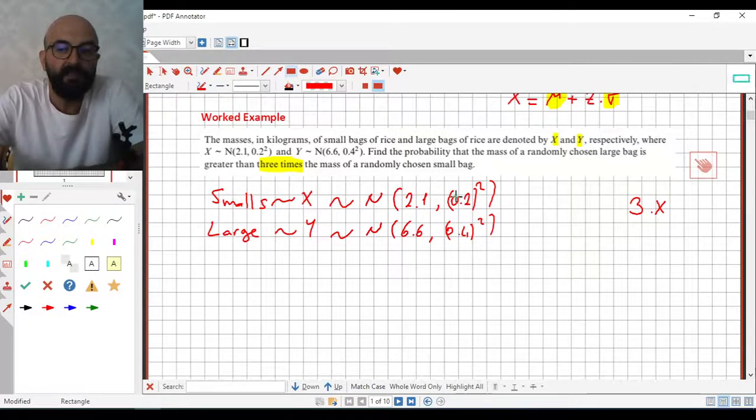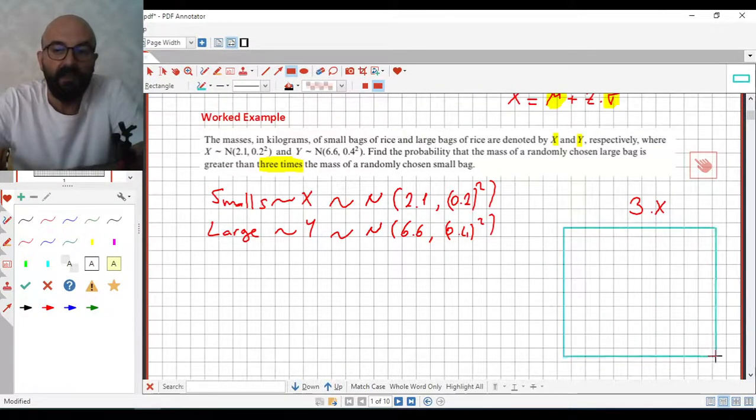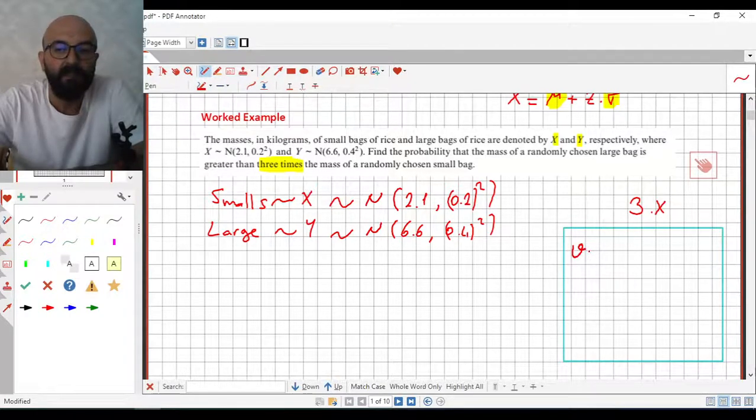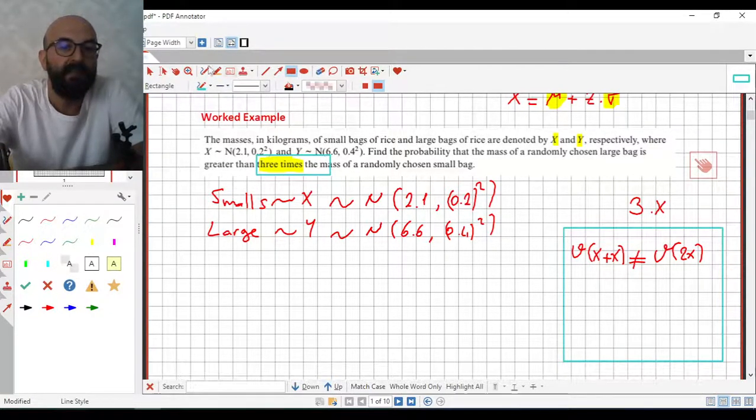As you remember, in the last lesson, we learned that the variance of x plus x equals 2 times the variance of x. So when they say 3 times the mass, it means 3 multiplied by x.